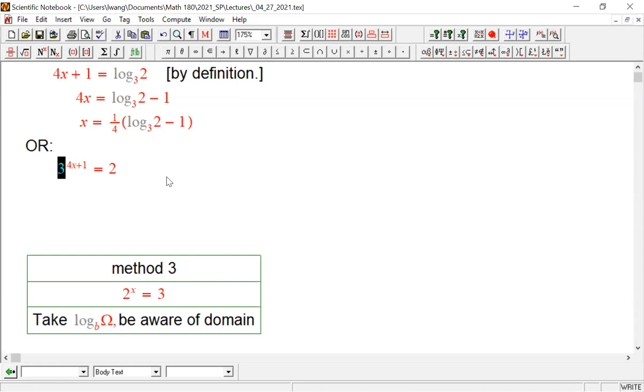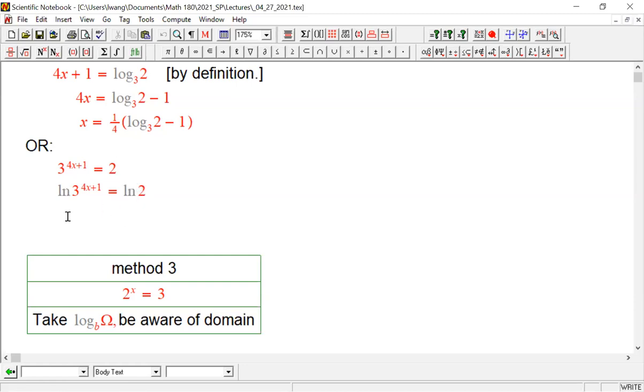So in this circumstance, I'm going to take a natural log on both sides. Remember, I want you guys to use natural log as much as possible, right? Because you will probably be using natural log exclusively by the time you're in calculus.